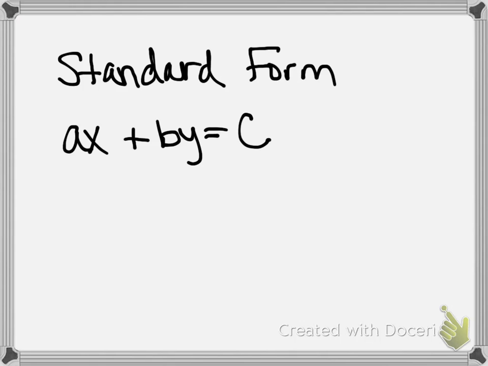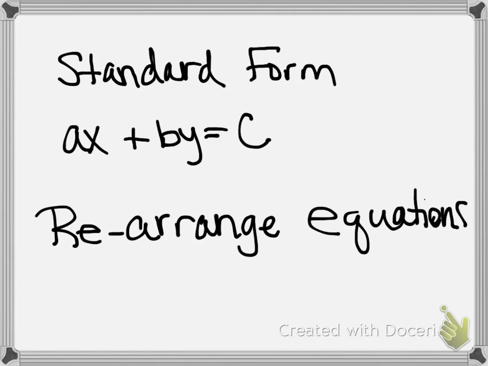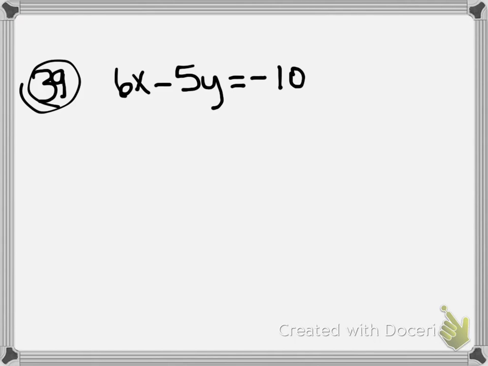So for you to see the slope, you have to rearrange them using your equation solving skills into slope-intercept form, or solve for y. So let's look at number 39. Number 39 has 6x minus 5y equal negative 10. You have to get this y by itself before you can see the slope.